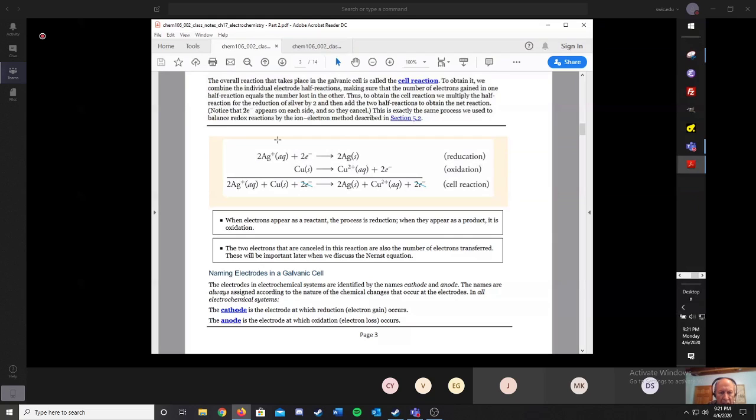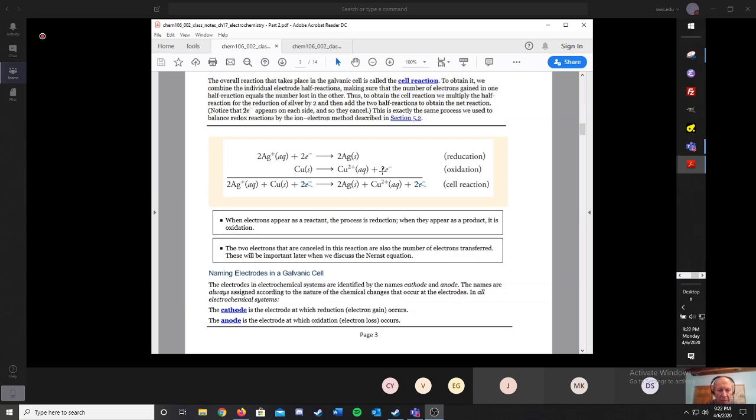So we can combine the two half cell reactions as shown here. Silver gets reduced. So each silver gains one electron, becomes solid. And the oxidation half cell has copper being oxidized. Each copper atom loses 2 electrons.